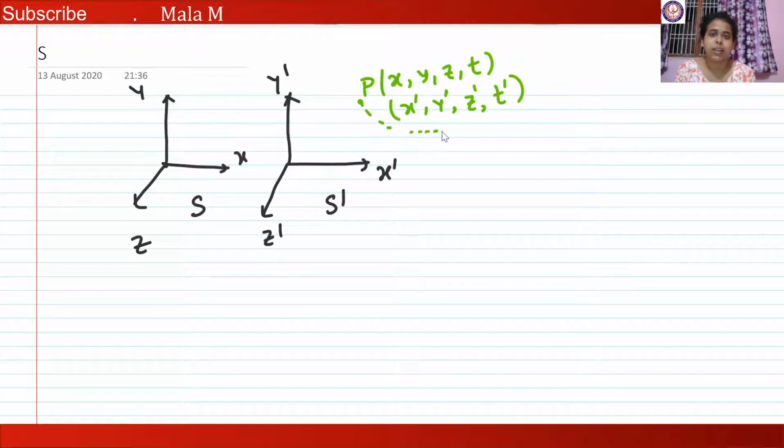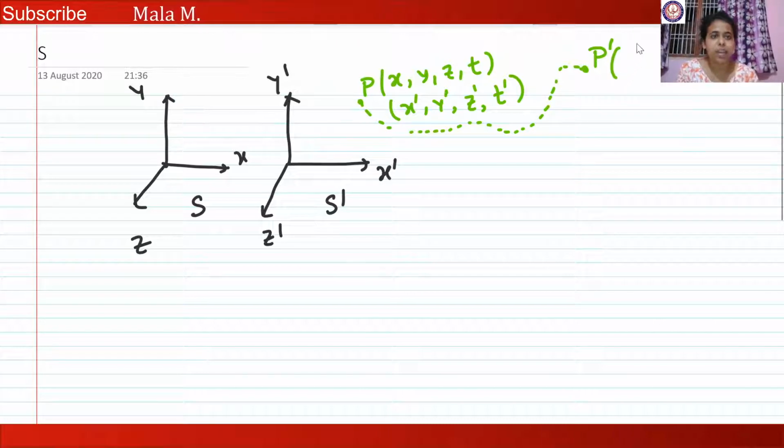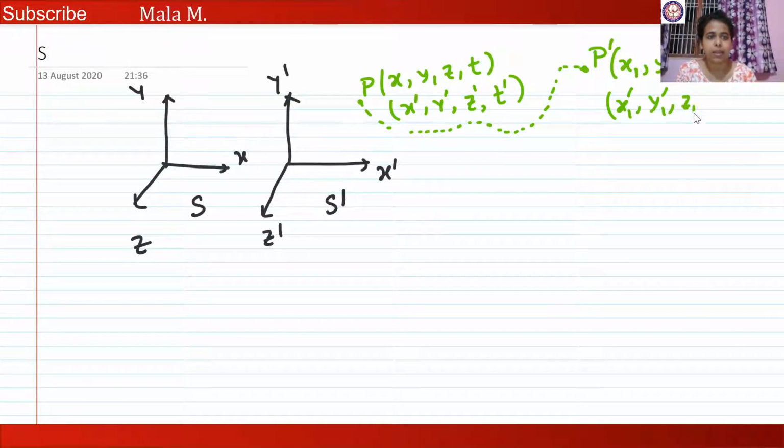Now say the particle moves in this path and after some time it reaches some point P prime in space, and the point P prime with respect to S frame, the 4D spacetime coordinates are x1, y1, z1, t1, and with respect to S prime frame, x1 prime, y1 prime, z1 prime and t1 prime.